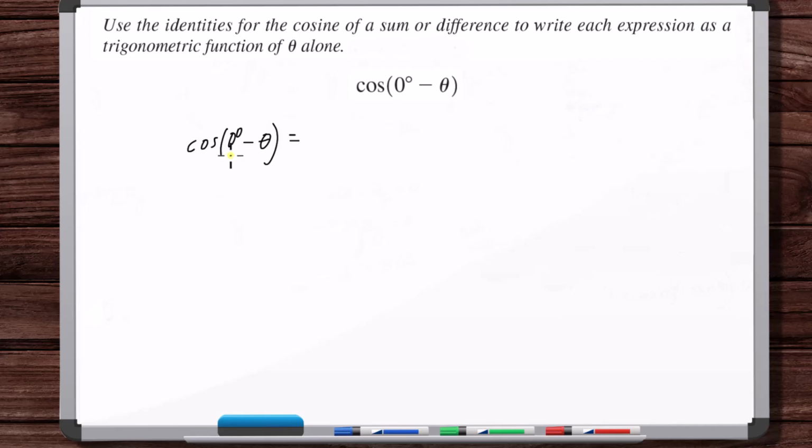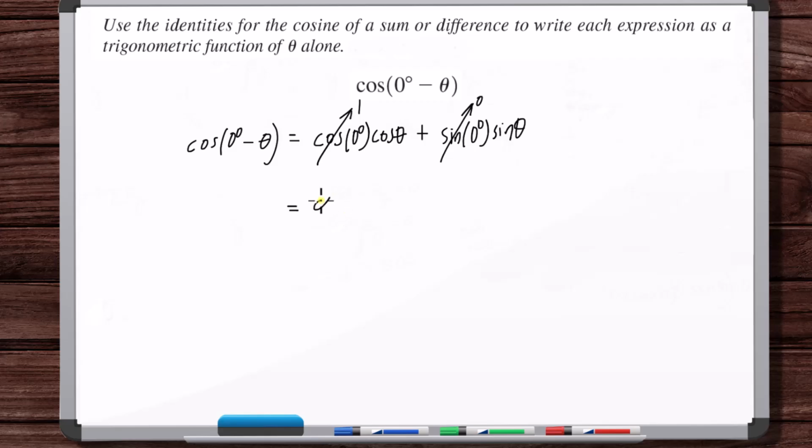All right, so this is cosine of an angle minus an angle. We've got cosine of 0 degrees, cosine of theta, and then plus sine of 0 degrees, sine of theta. Cosine of 0 we know is 1, sine of 0 we know is 0.